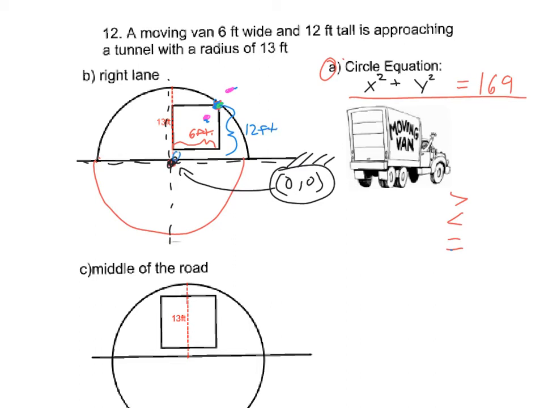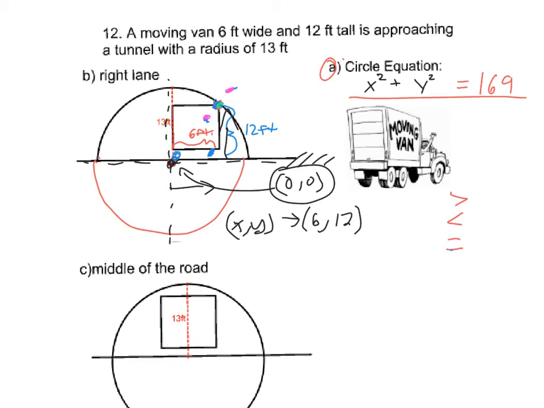And the van's not hovering, it obviously has really great wheels. So really we know that in the right distance it goes 6, and in the up distance it goes 12. On a coordinate plane, that's basically x is 6 and y is 12.